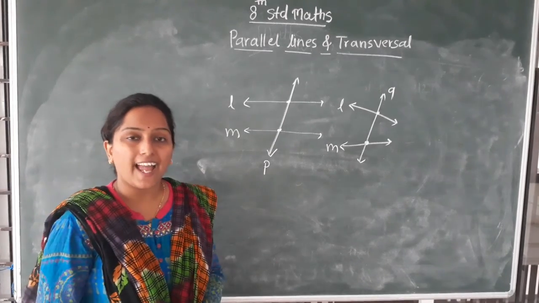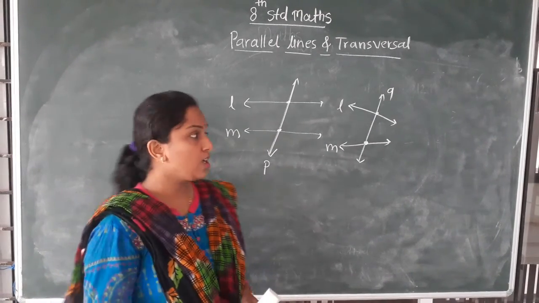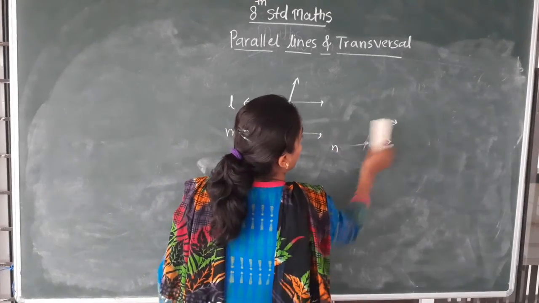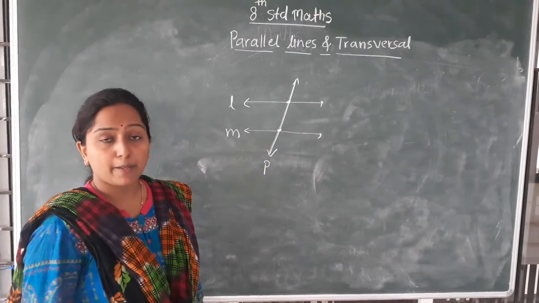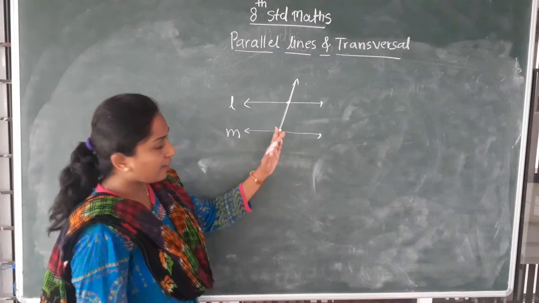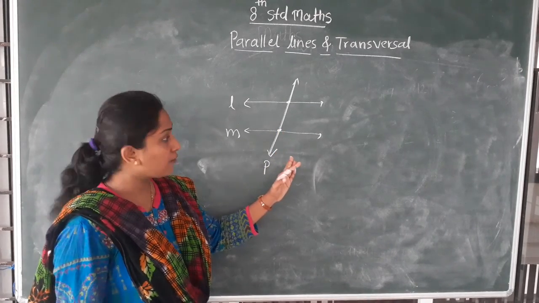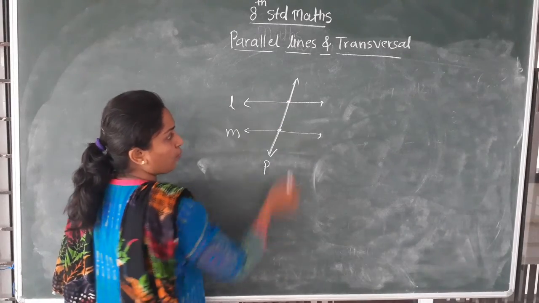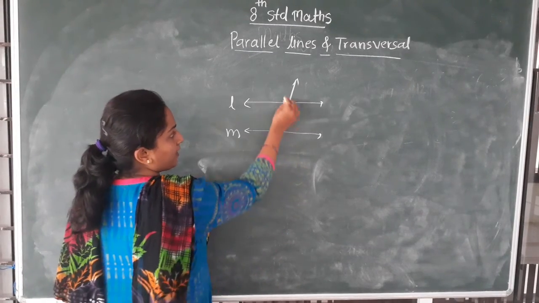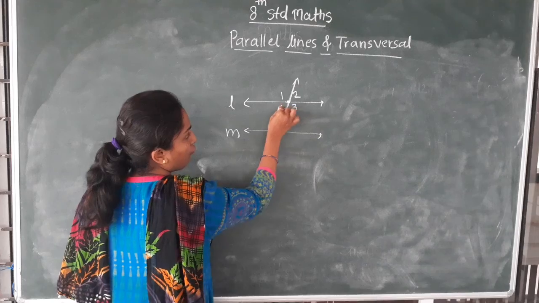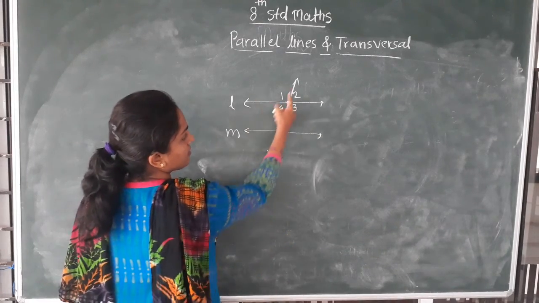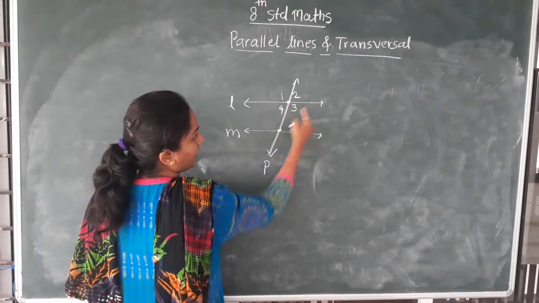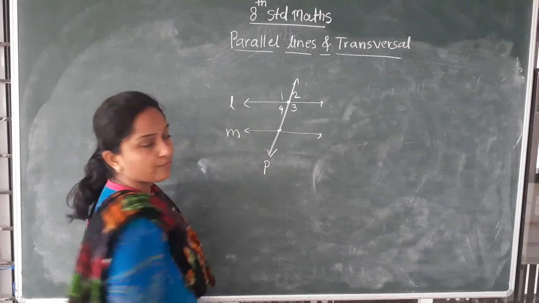Now we will see the angles made by the transversal. Can you understand how many angles are formed here because of the transversal? Yes, at this one point there are four angles. This is one angle, this is second, this is third, and this is fourth.